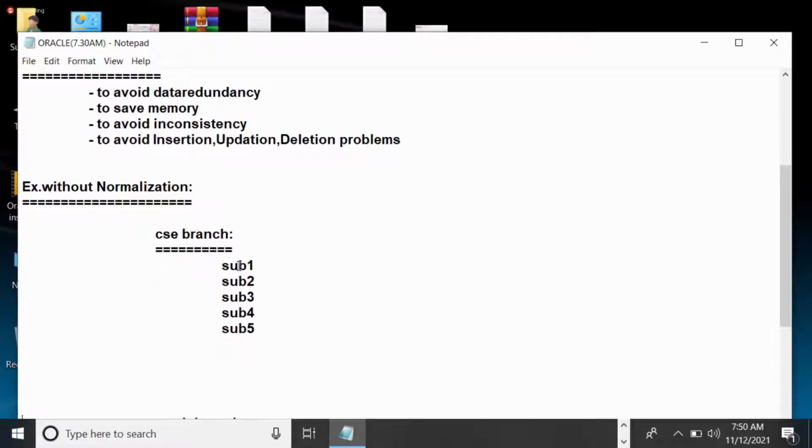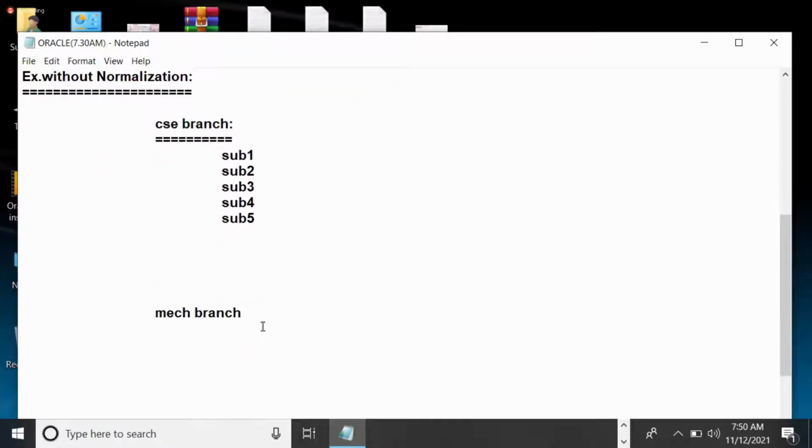Now, a mechanical student also has some semester-wise subjects: subject 1, subject number 2, subject number 3, and subject number 4. So these are the two branches. One student belongs to CSC, one student belongs to mechanical. So in these two branches, they have different subjects.